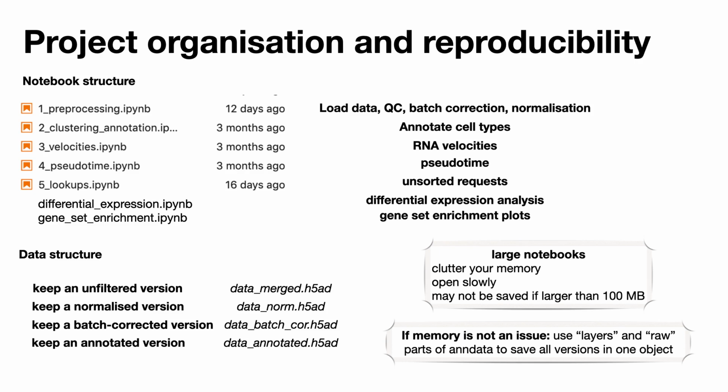For the unfiltered version, I would suggest to keep it as a separate notebook, so that you can always go back to this notebook once you decided that you want to change your normalization or batch effect correction or your pre-processing, without having to load all the data again.